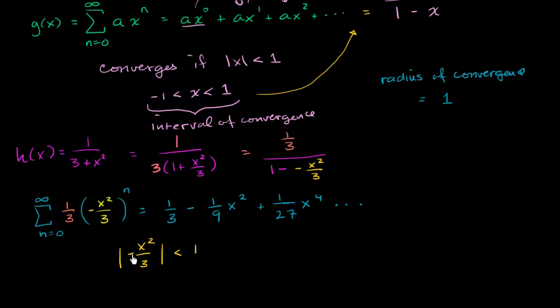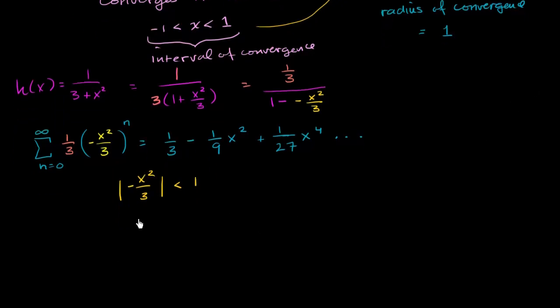The absolute value, this is going to be a negative number. This is the same thing as saying that the absolute value of x squared over 3 has to be less than 1.